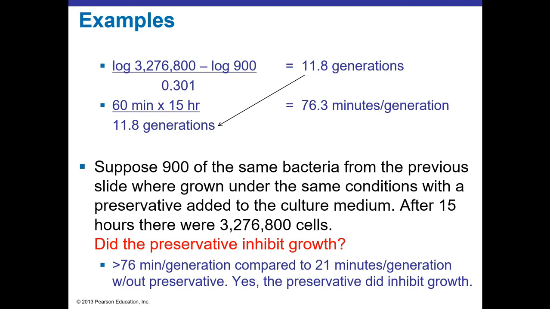That number of generations goes into the denominator, and we want to convert to minutes per generation. We know that we let the culture grow for 15 hours, so we do that calculation, and we see that the generation time with the preservative is now 76.3 minutes per generation.